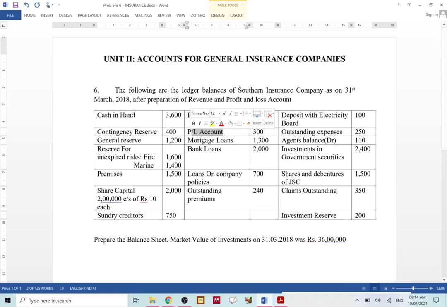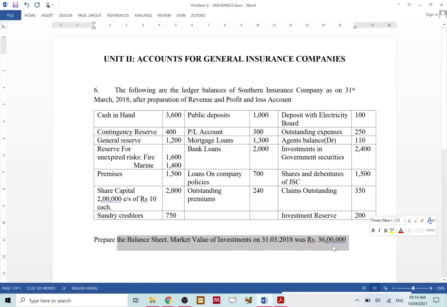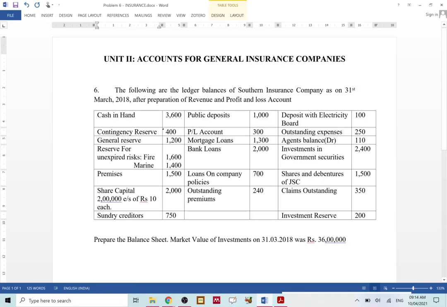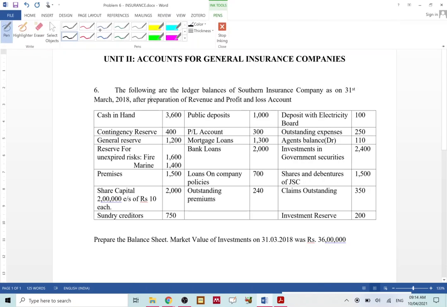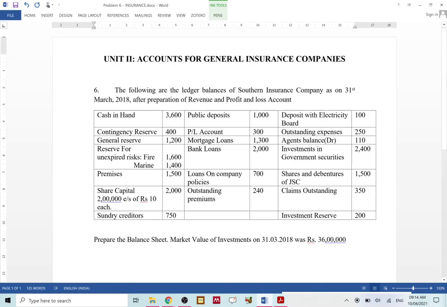They've brought down the profit and loss account balance in the balance sheet, okay, and now we have to prepare the balance sheet, and some market value of the investments is given, which we are going to see later. Okay, now let's go one by one and see which of the schedules each one of these items are going to fall under.